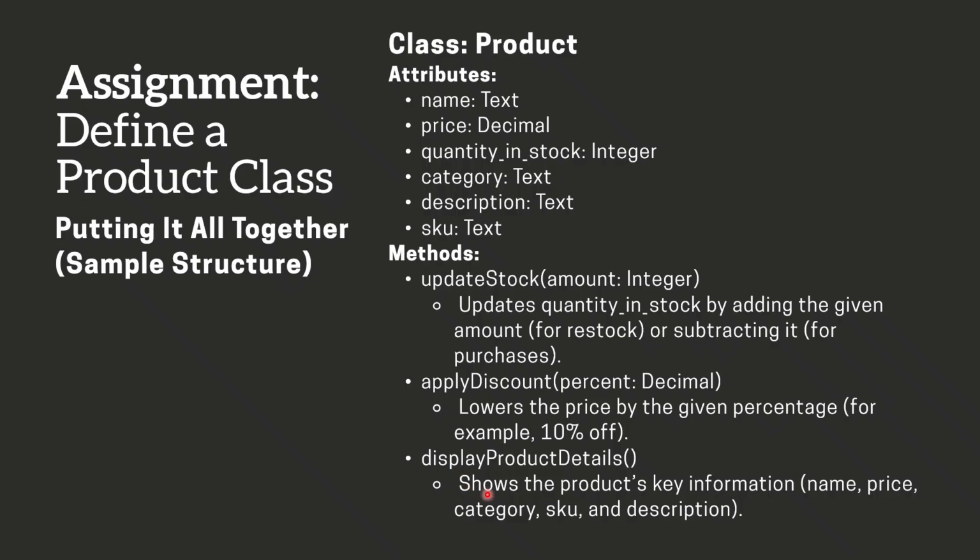I did this for all 3, so this is a good example. Again, this is just a pattern. I want you to customize your own attributes and methods as long as they're reasonable for a product in an online store. So again, they have to apply to an online store.